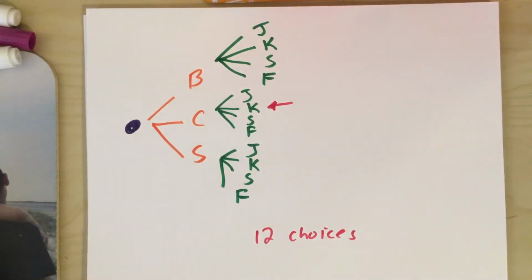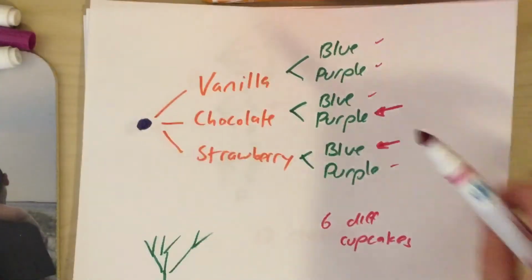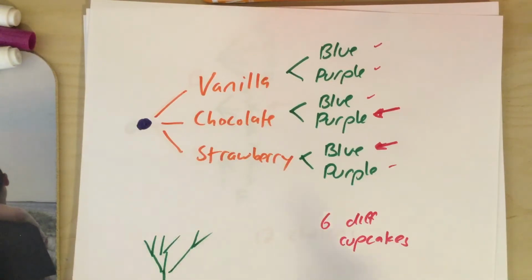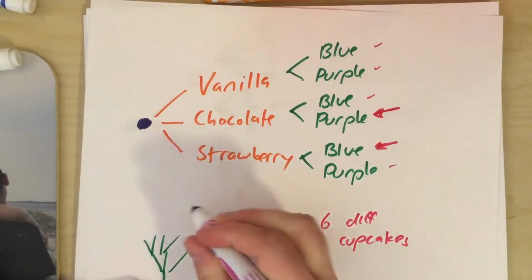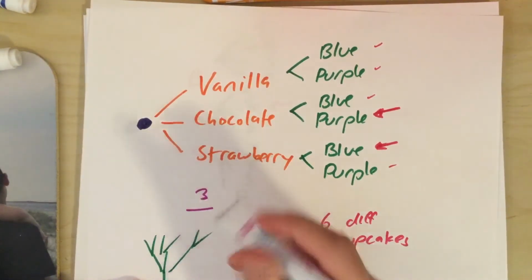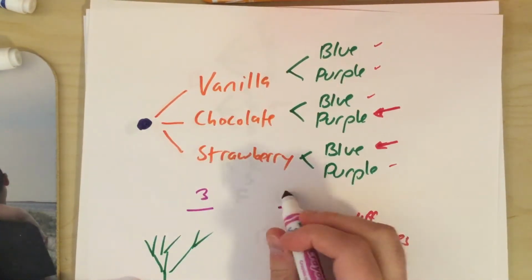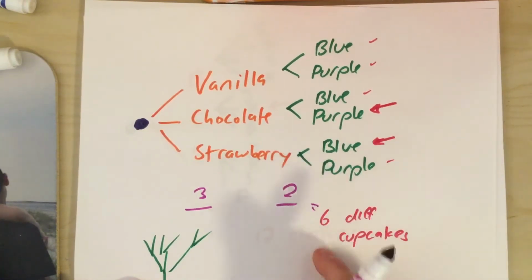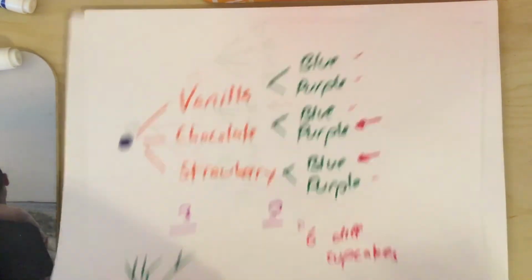Now, drawing tree diagrams might get a little tedious after a while. But I want to show you something. What we could see is that we had 3 choices for the base, and then 2 choices for the toppings, and that gave us 6 possible options.